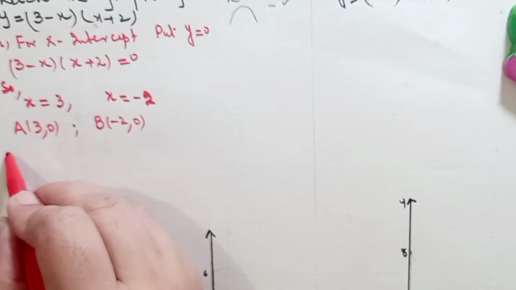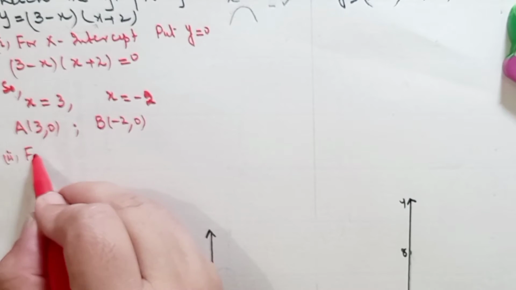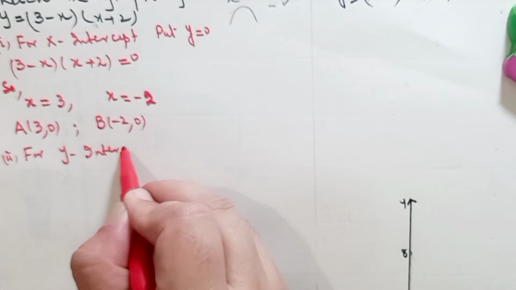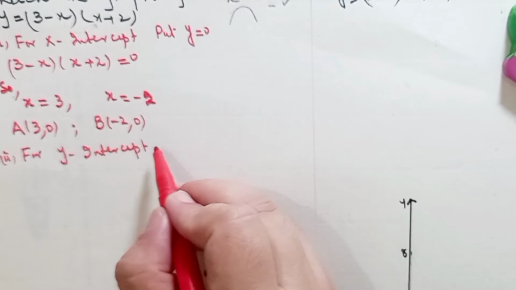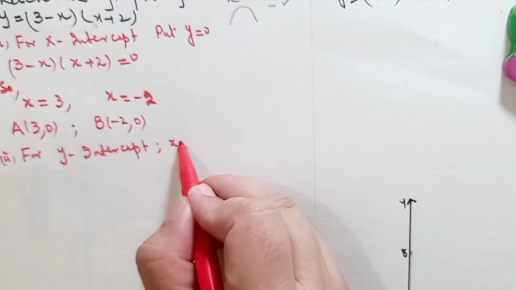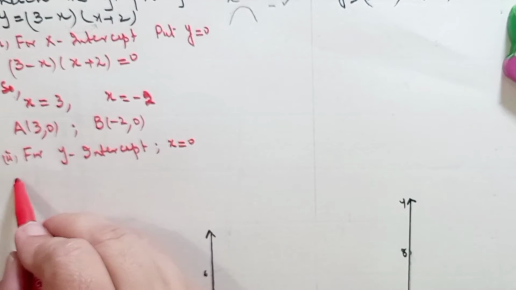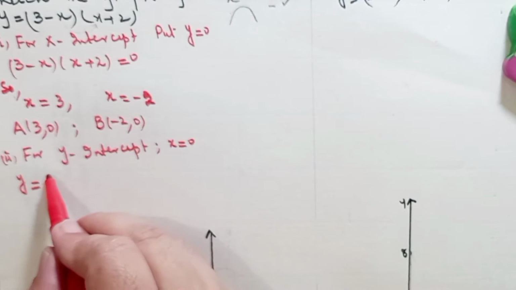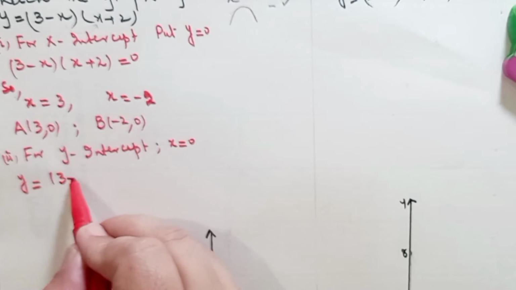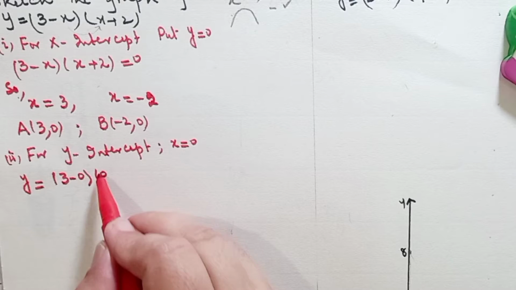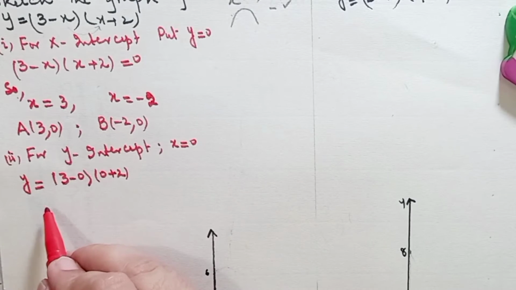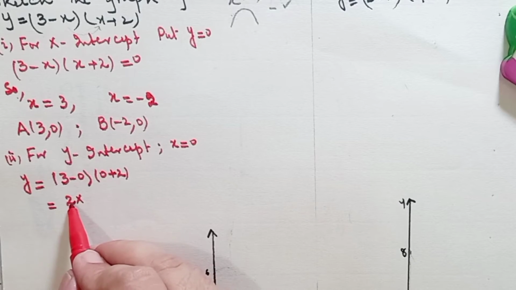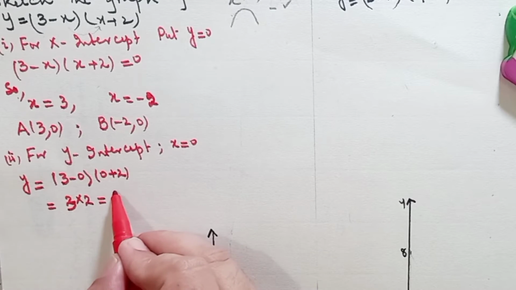For y-intercept, what we have to do is put x equals 0 in the given equation, and when I'm putting x equals 0 the equation takes the form 3 minus 0 into 0 plus 2, and this will give me 3 multiplied by 2, which is equal to 6.